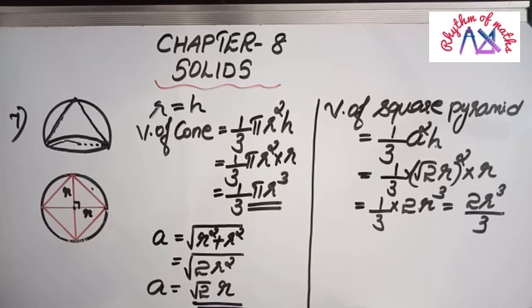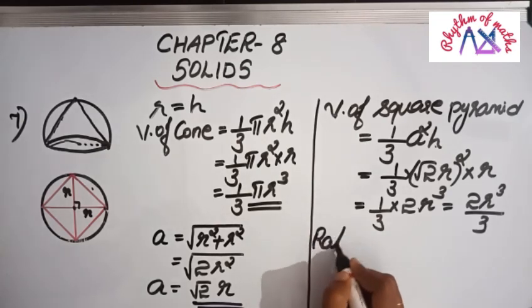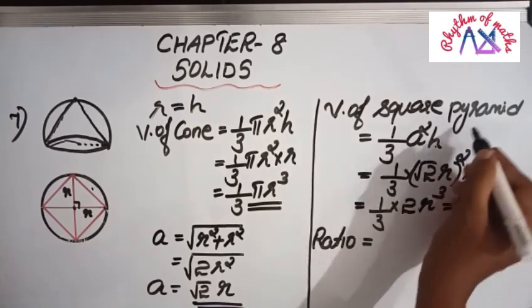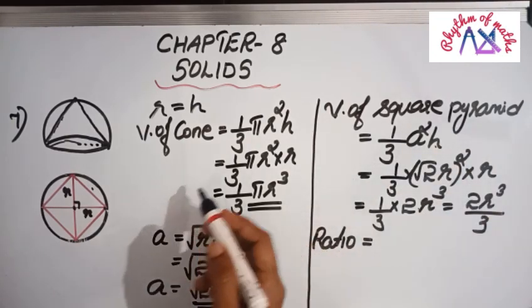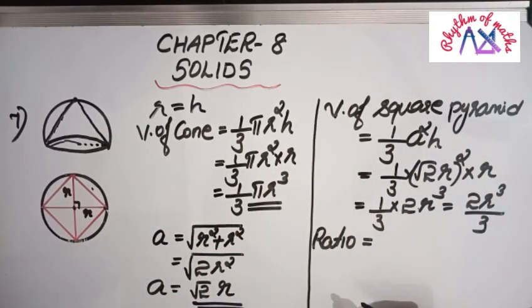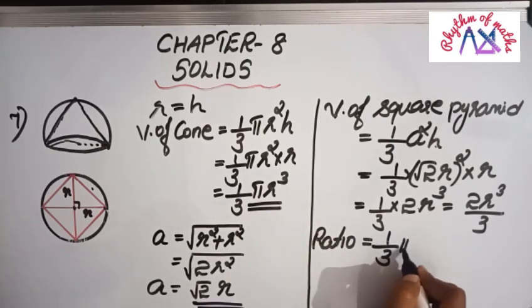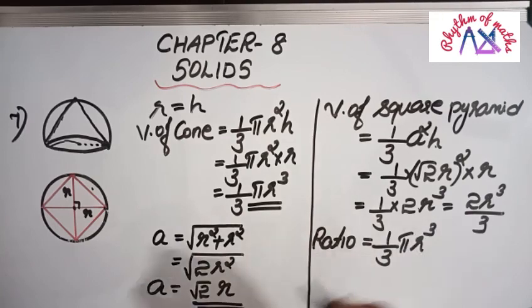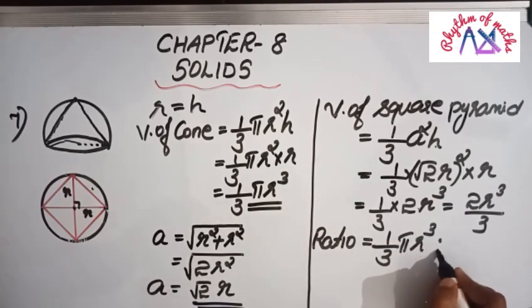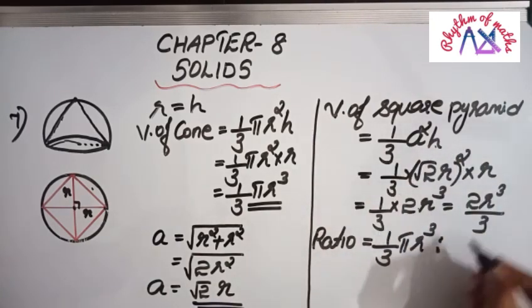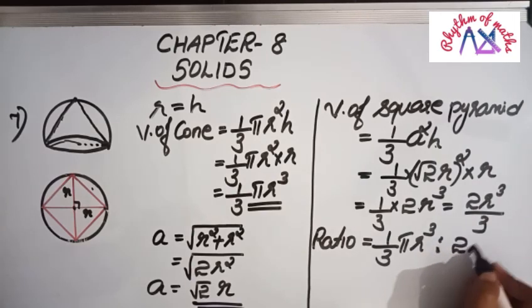Now what we need to find here? We have to find the ratio. That means ratio of volume of cone to volume of square pyramid. So volume of cone is 1 by 3 pi r cube. This is the answer. Is to, second is square pyramid volume, that is 2 r cube by 3.